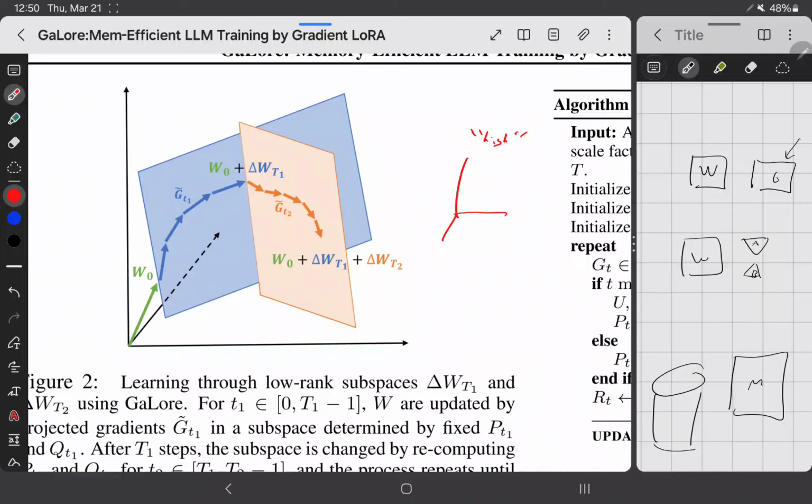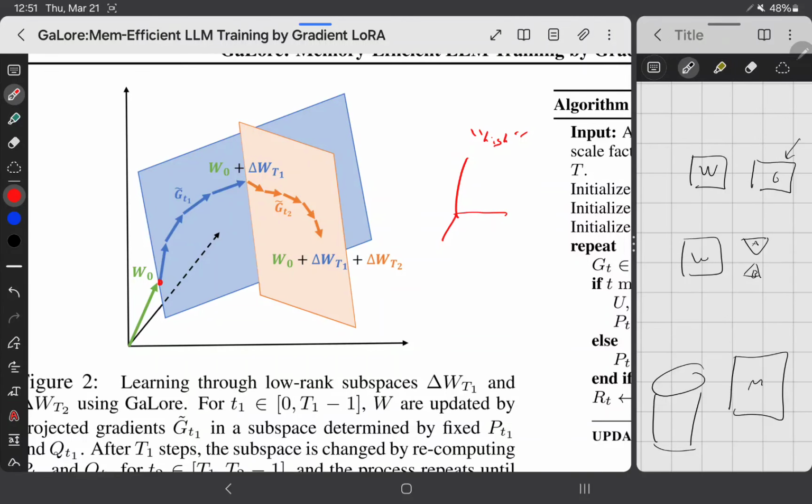And let's say we have these planes that we want to move on. The planes are going to be our subspace in our high dimensional space for intuition. In reality, you're going to have some massive 1,000-dimensional space, and you're going to be projecting to a space of like 100 or 10 or something like that. And that would be your planes. So you're projecting to these subspaces in your high dimensional space.